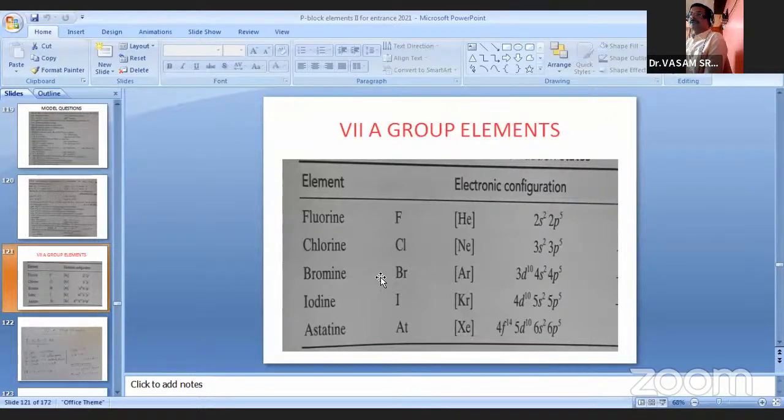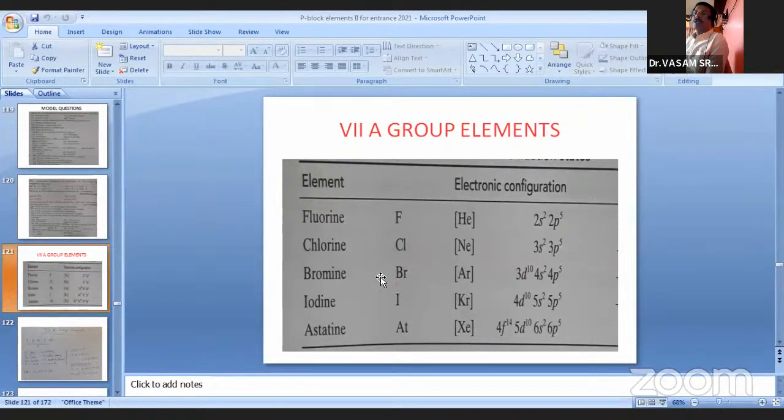Okay, 7th group elements are generally called halogens. Halogens are 4, denoted by capital X. Therefore X is F, Cl, Br, I. The first 4 elements are called halogens, denoted by capital X. So halogen means halos plus gen. Gen means genesis or produced, and halos means ocean or sea water. They are generated from ocean or sea water.